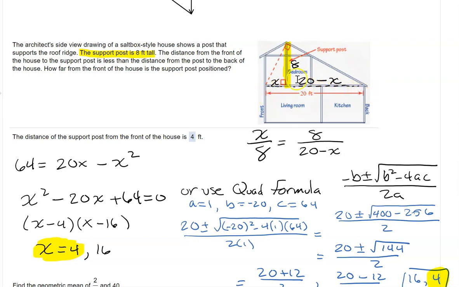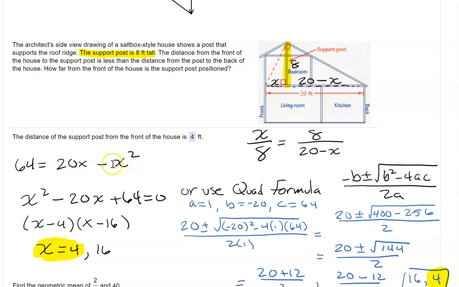We're going to set this up exactly like we did before. So x is to 8 as 8 is to 20 minus x. Cross multiply. So we are going to have a quadratic here. We're either going to have to factor or use the quadratic formula. And for those of you that have listened to me and used that link to program the calculator, you are on easy street right now.